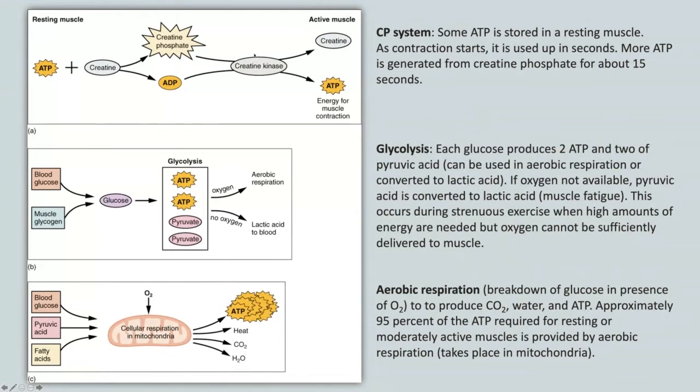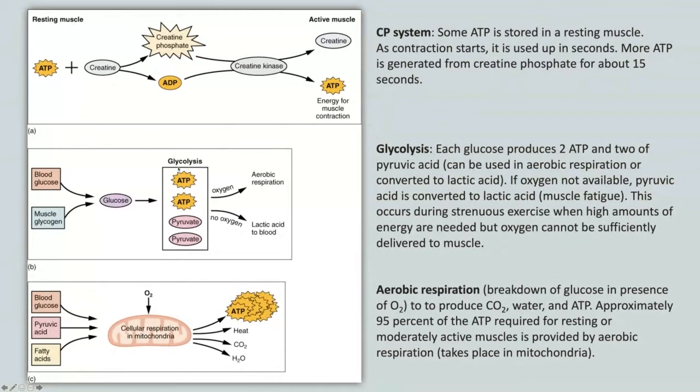Creatine phosphate, by the action of the enzyme creatine kinase, will take this ADP and add a phosphate to it, producing another ATP. So every time we use an ATP for a muscle contraction, the ADP can be reconverted to ATP. It's like a recycling. So we have a constant supply of ATP in the muscles.